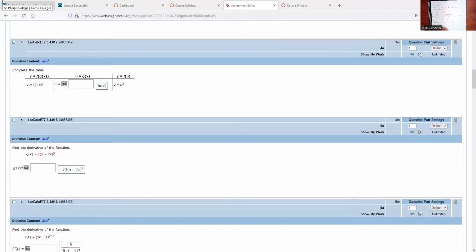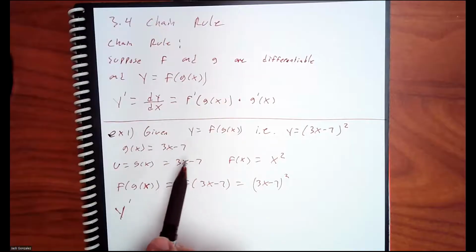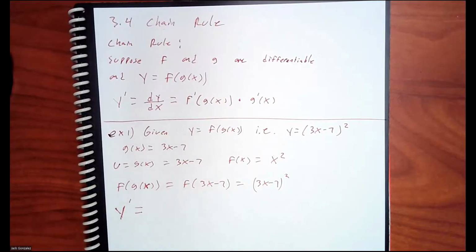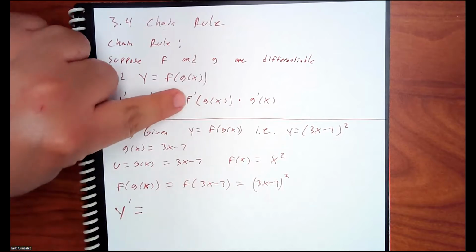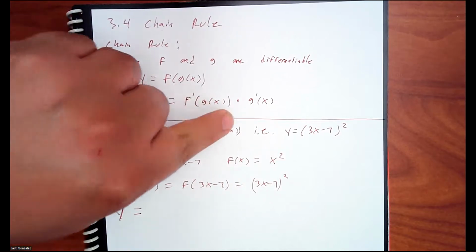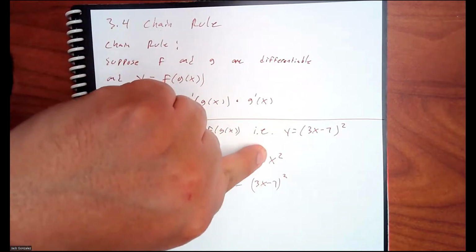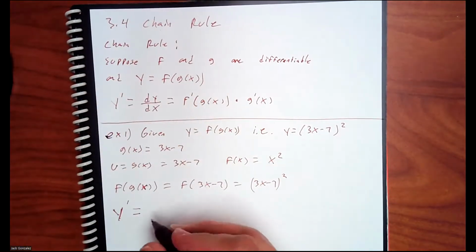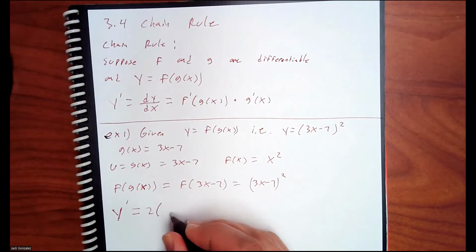So let's try to do it with this guy. So the derivative of y. Let's go and do this one right here. So you guys agree that the outer is the squared function, right? That part's clear? So f, what is the derivative of x squared? 2x, right? So you bring down the 2, but our x is really this.